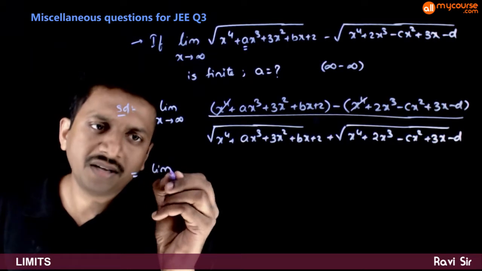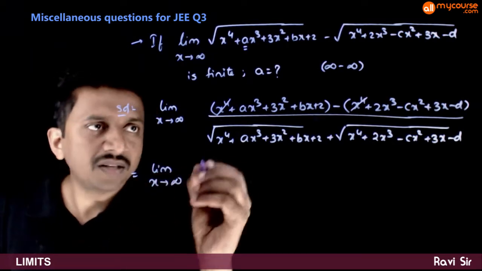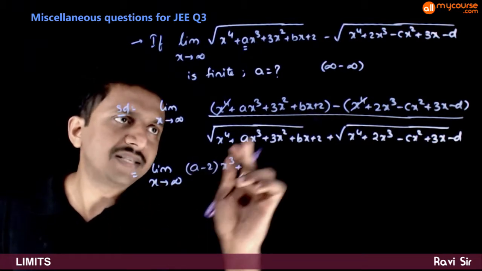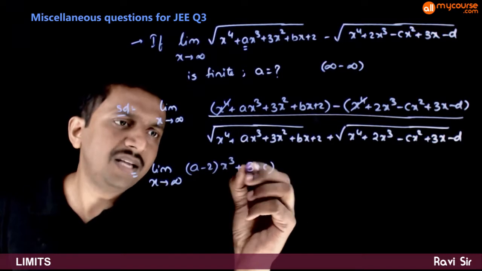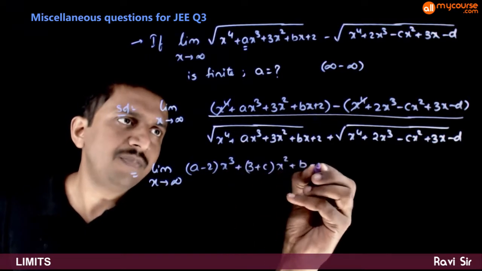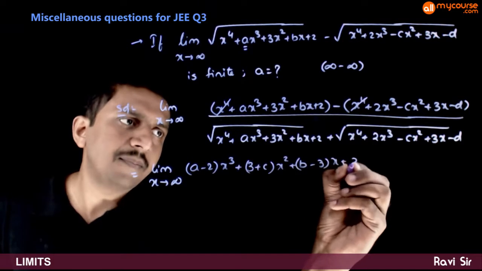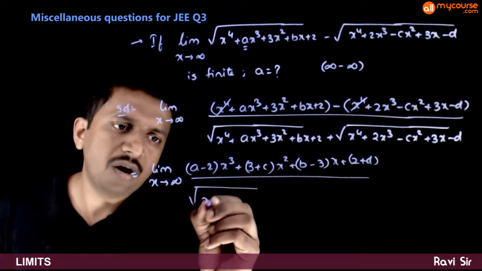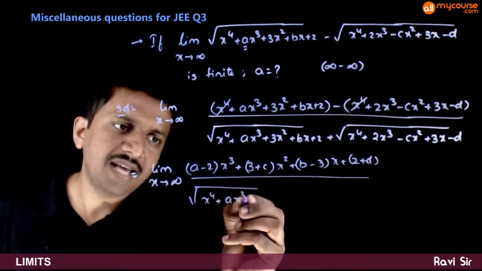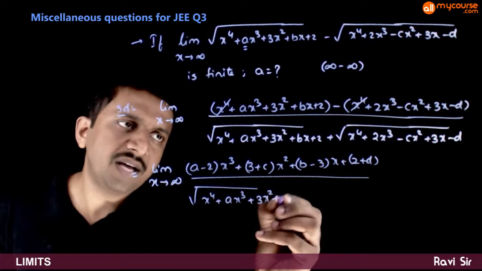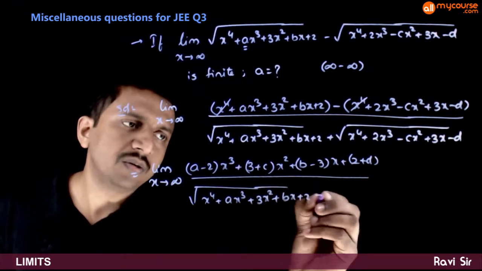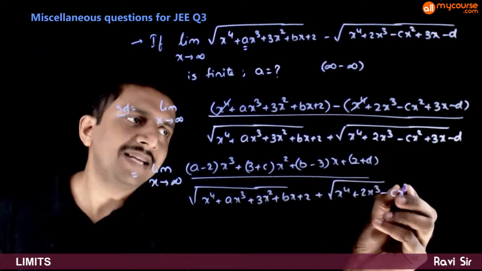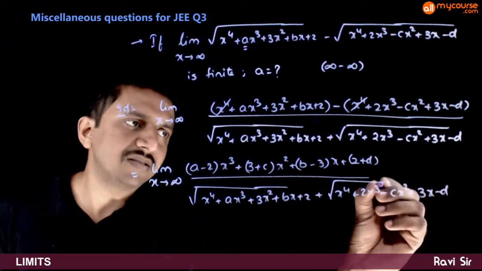That is equal to the limit as x tends to infinity of (a minus 2) times x cubed plus (3 plus c) times x square plus (b minus 3) times x plus (2 plus d), divided by root of x power 4 plus ax cubed plus 3x square plus bx plus 2 plus root of x power 4 plus 2x cubed minus cx square plus 3x minus d.